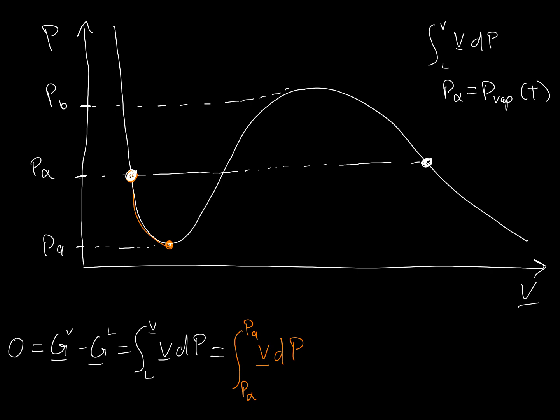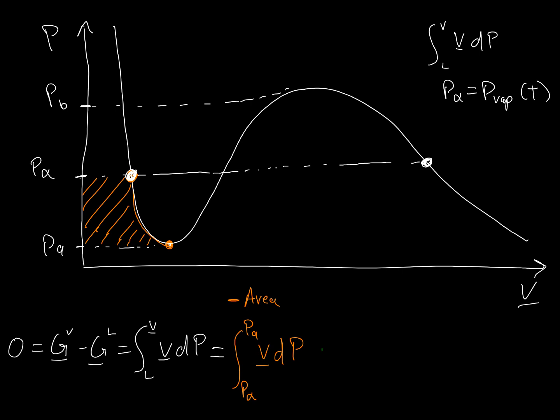Now, the lower limit of the integral is greater than the upper limit of the integral, so this is a negative area. So we're going to end up subtracting it. This is this area here. Okay, so we're integrating along a path of constant temperature.